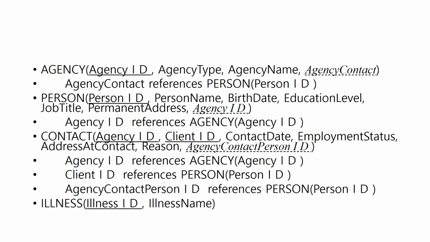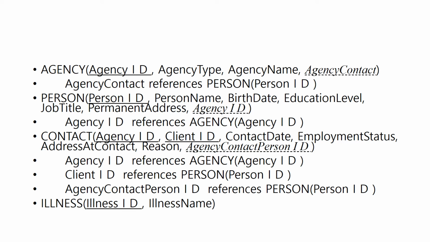You can see agency table, primary key agency ID, and agency type, agency name, foreign key agency contact. And agency contact references the person table, person ID.